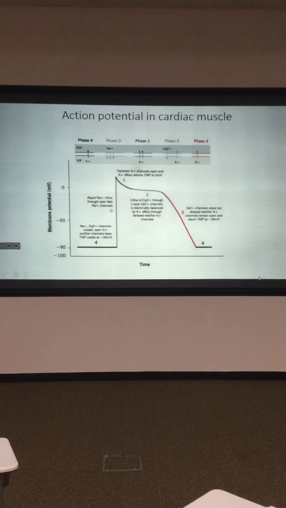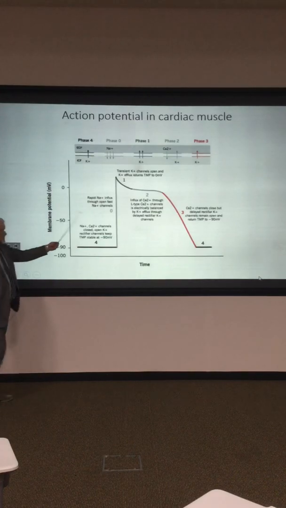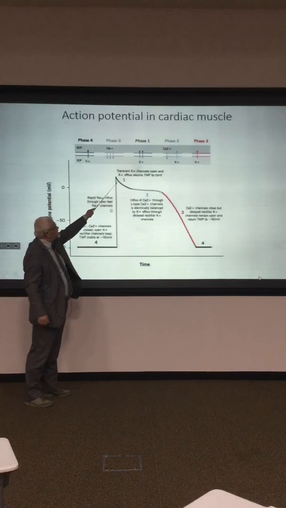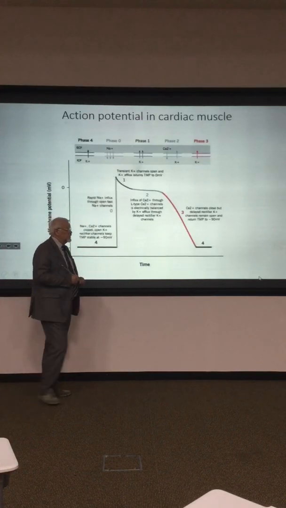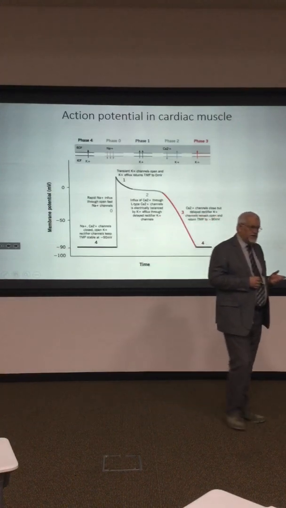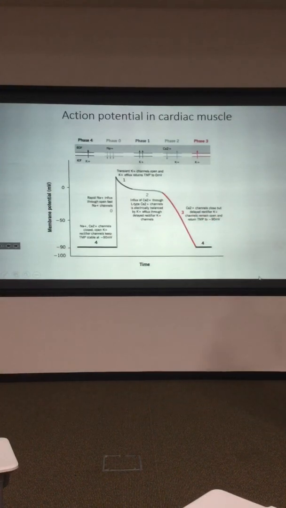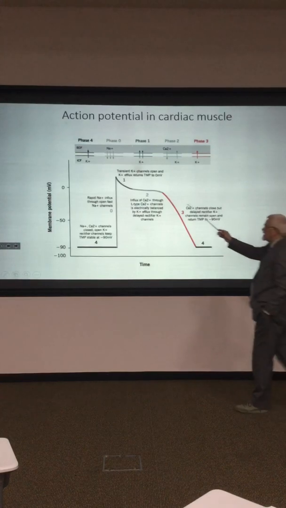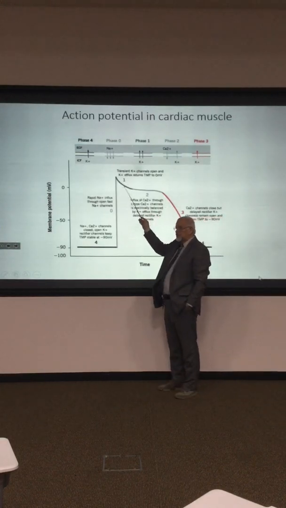And in rabbit heart, which is pretty much similar to human heart in terms of action potential, we also have this. And these are due to the activation of voltage-gated potassium channels, but not the usual non-inactivating ones. Potassium channels that can activate rapidly, much faster than neuronal potassium channels. And they also inactivate.